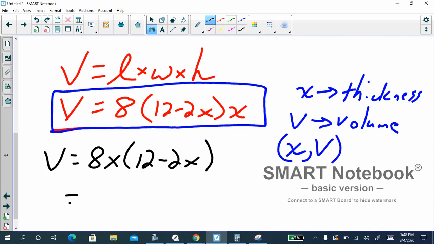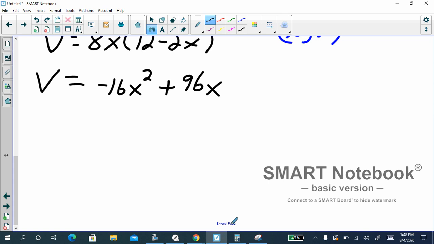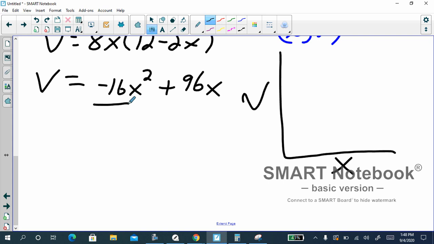And if we distribute this, 8x times 12 is 96x. 8x times minus 2x is minus 16x squared. So this is a quadratic function that has a negative leading coefficient. So it's a parabola that's going to look like this.